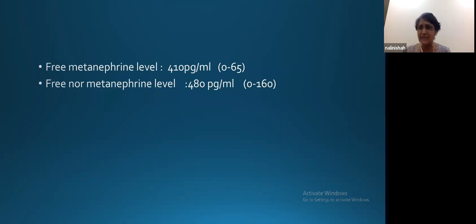These are the basic three questions that you want to answer with functional imaging. And that will also decide the kind of functional imaging that you will deal with. Typically, the functional imaging that you have, as Ganesh mentioned to us, is MIBG. You have a DOTA as well. You have an FDG. These are the three scans that you want to deal with. And how do you really position these scans for yourself?